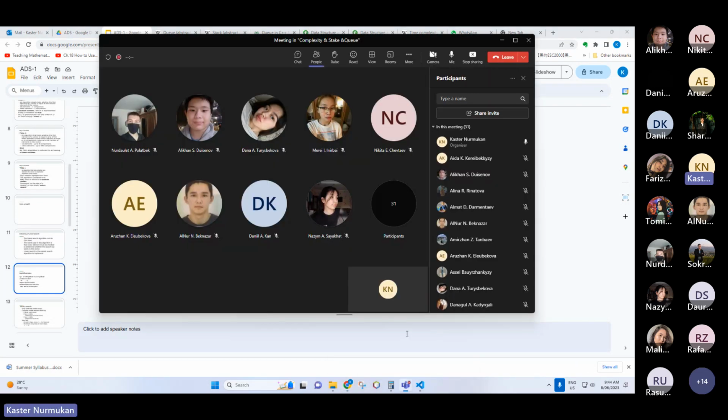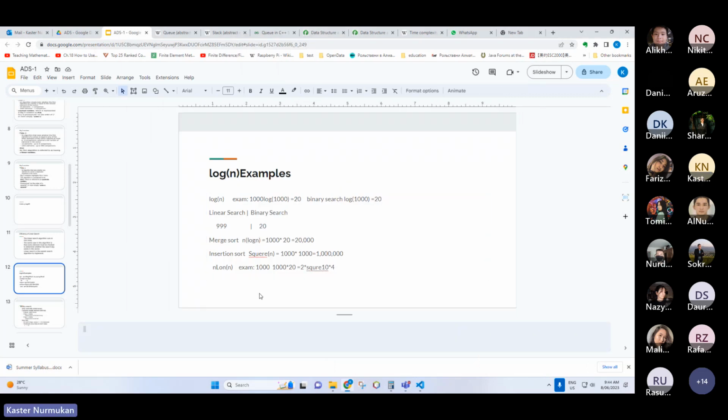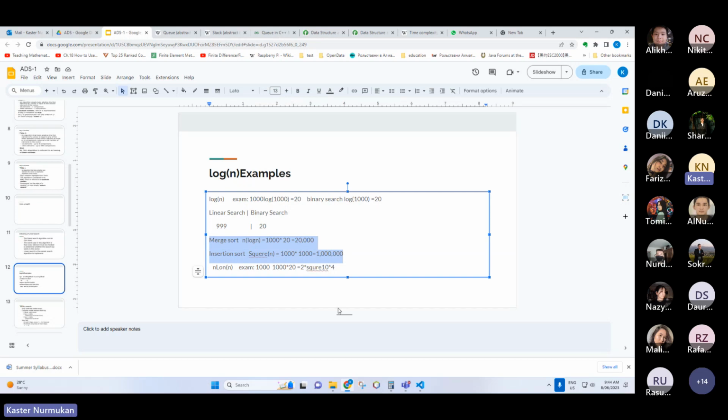Is anybody following me? From this data, without any idea of what merge sort and insertion sort are, any idea which one you would recommend? Hello? That's the question.